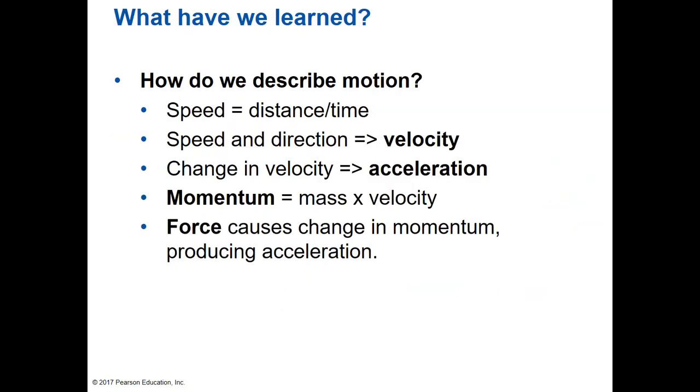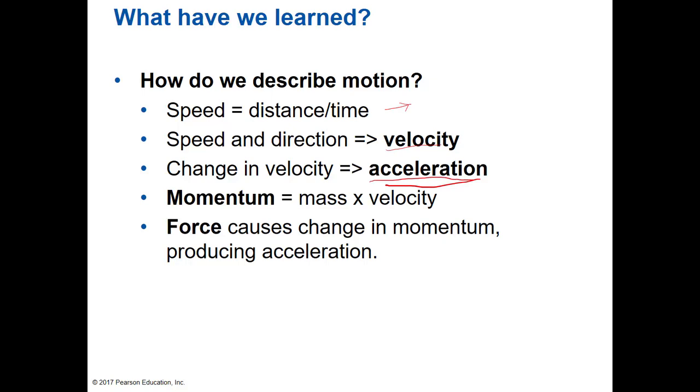Here is the summary that we learned so far. The speed is defined as the distance over time, and the speed with the direction is called the velocity. The acceleration is defined as the change in velocity with respect to time. If there is a change in velocity, there must be an acceleration.